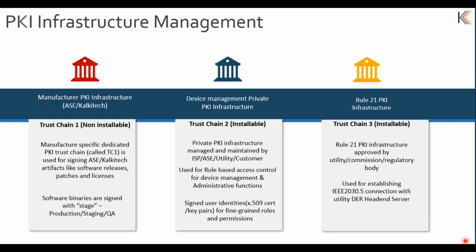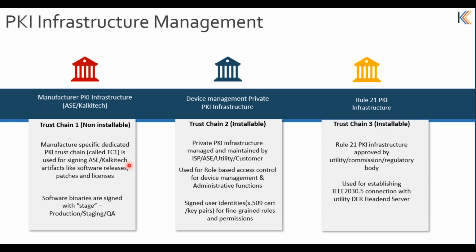On the security side, the Kalki software comes with three levels of trust chain. Trust chain one is primarily a non-installable trust chain, which we call TC1. TC1 is the trust chain which we use to sign the Kalki Edge firmware itself.